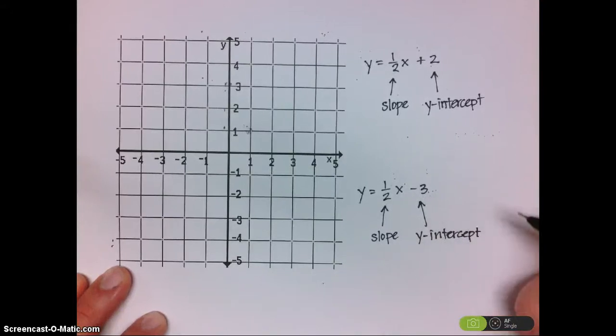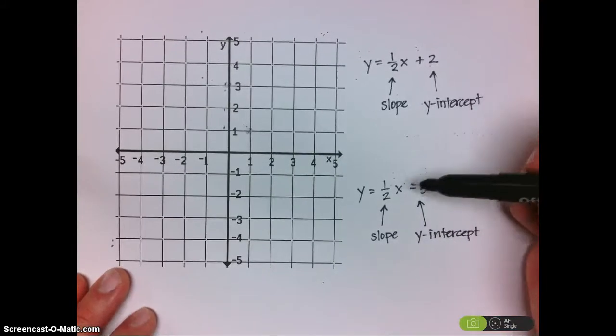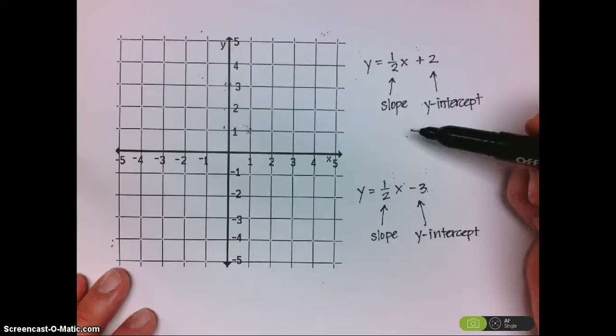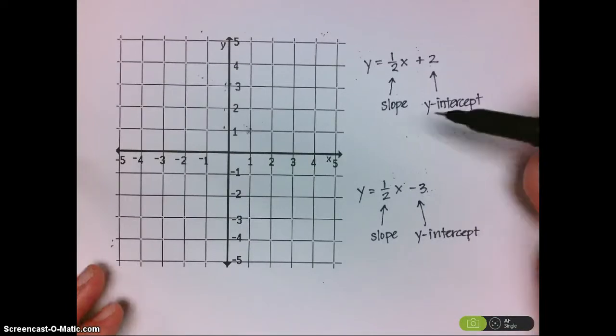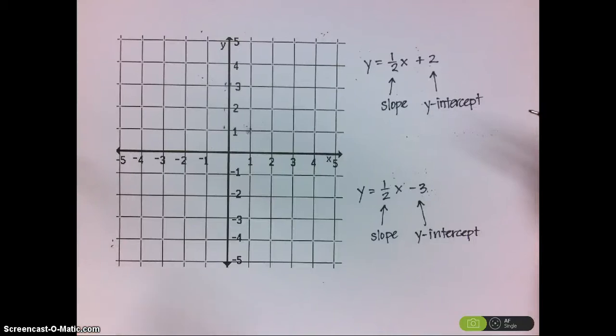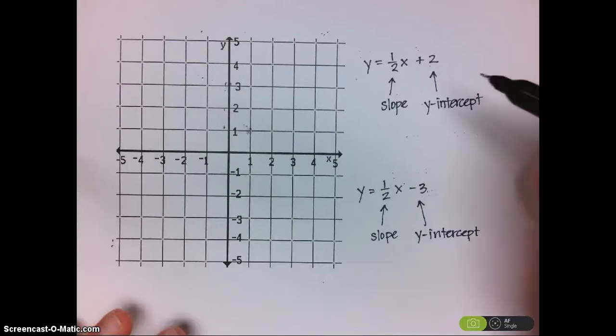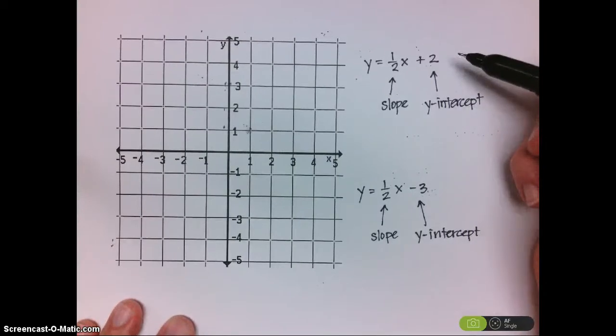So just by looking at these without graphing it yet, I can tell that they both have the same slope. So that means that they both are going to be the same steepness, if you will, like climbing up a mountain. If you have them side by side, they would both be at the same angle. So just to prove it, let's graph both of these lines.